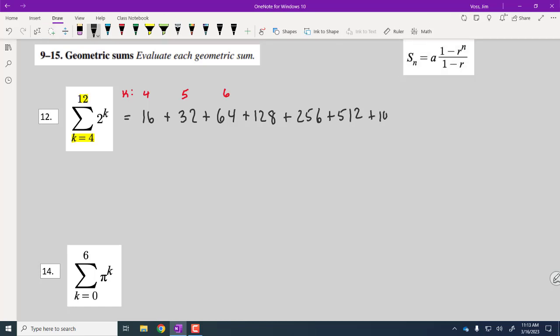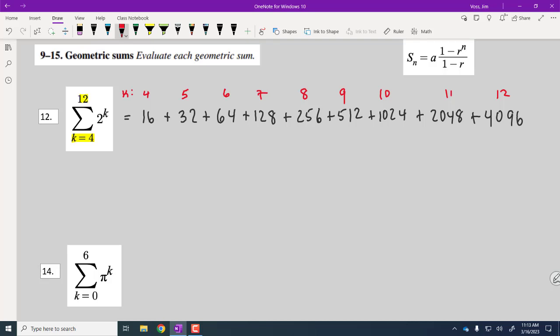All right, let's see, where are we at so far with k's? So there's 7, there's 8, there's 9, there's 10. Then this is 2,048, and that's 4,096. All right, so how many terms are there? 9.